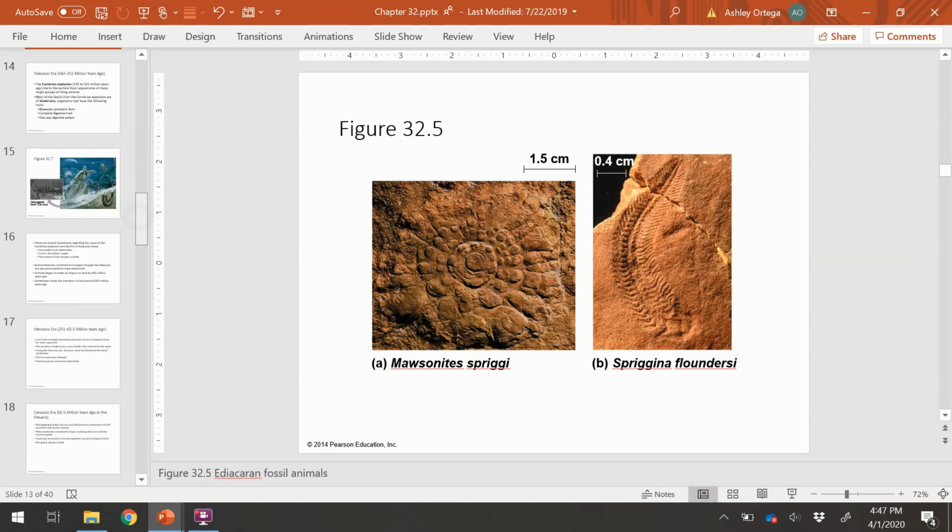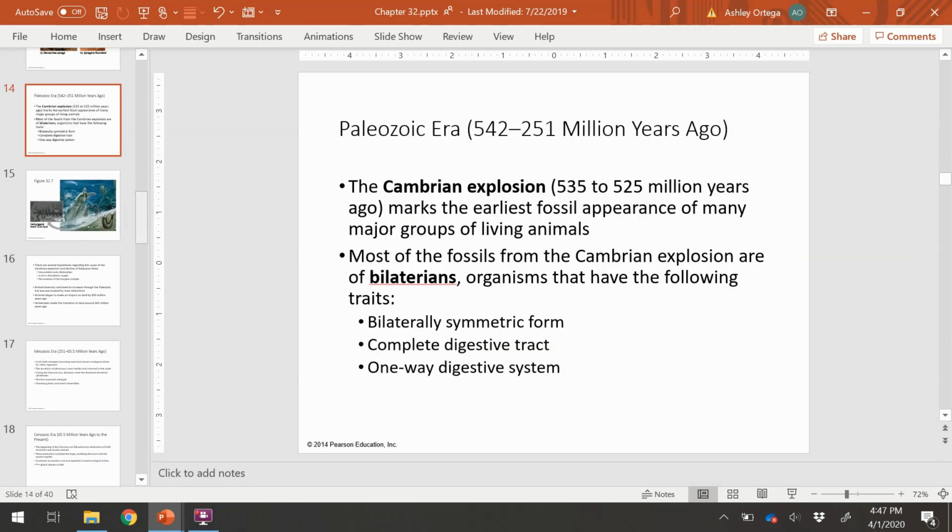You will want to compare that to the time of the Cambrian explosion, which was around the time of the Paleozoic era, that had major groups of living animals come out of this era.